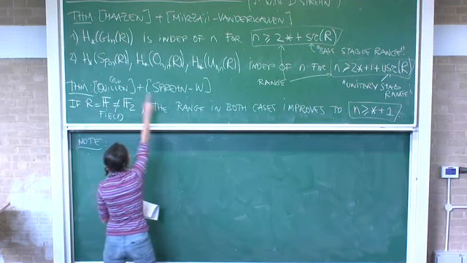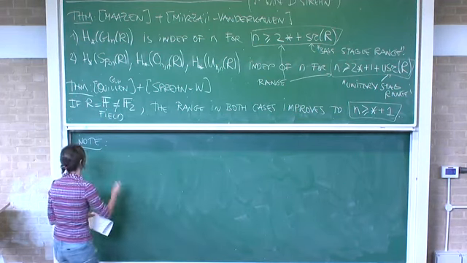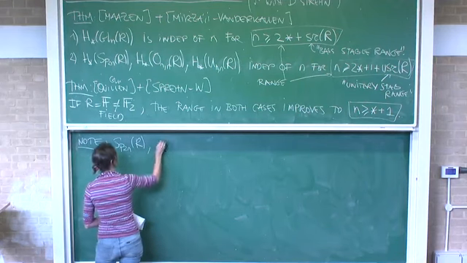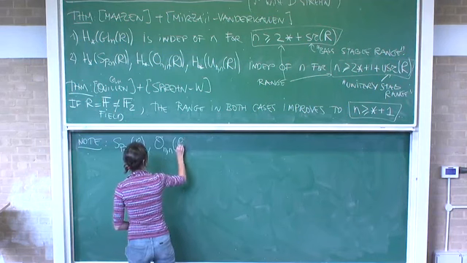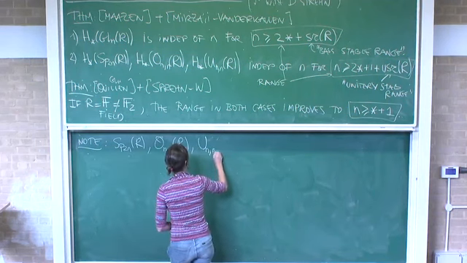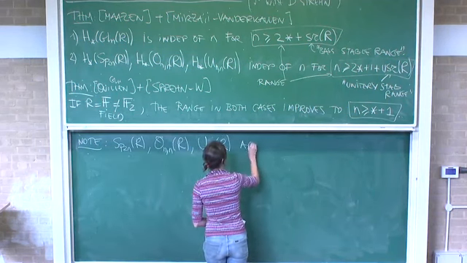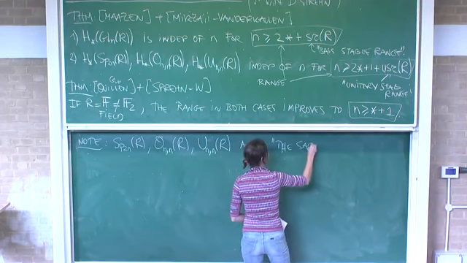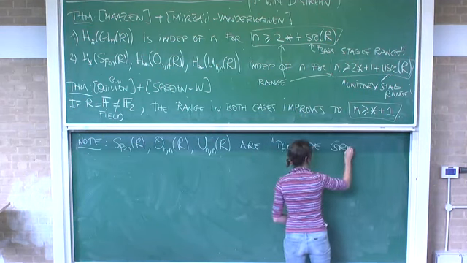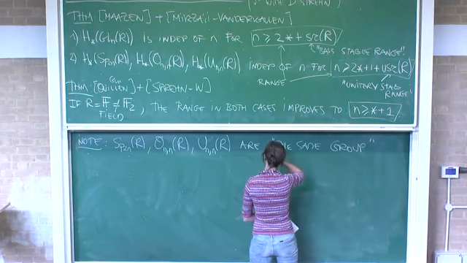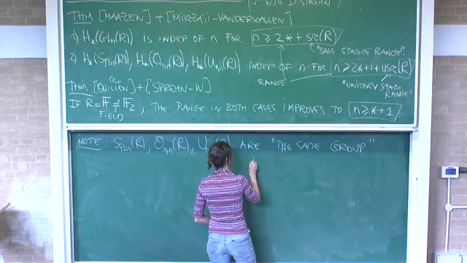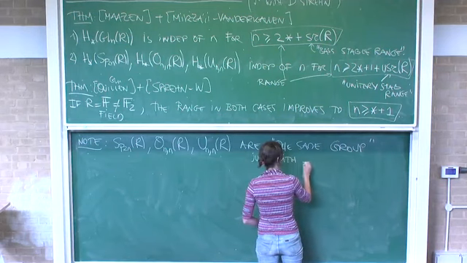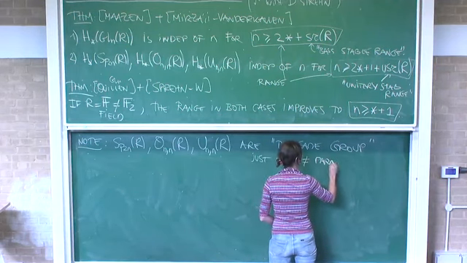So why do these 3 groups show up? Sp2n R, On,n R, and Un,n R are the same group, okay, they're not quite the same group, just with different parameters.